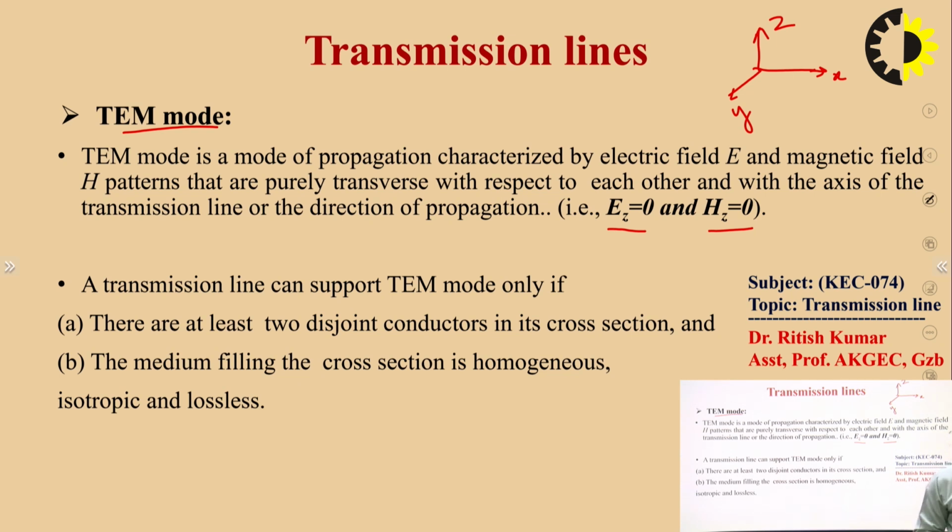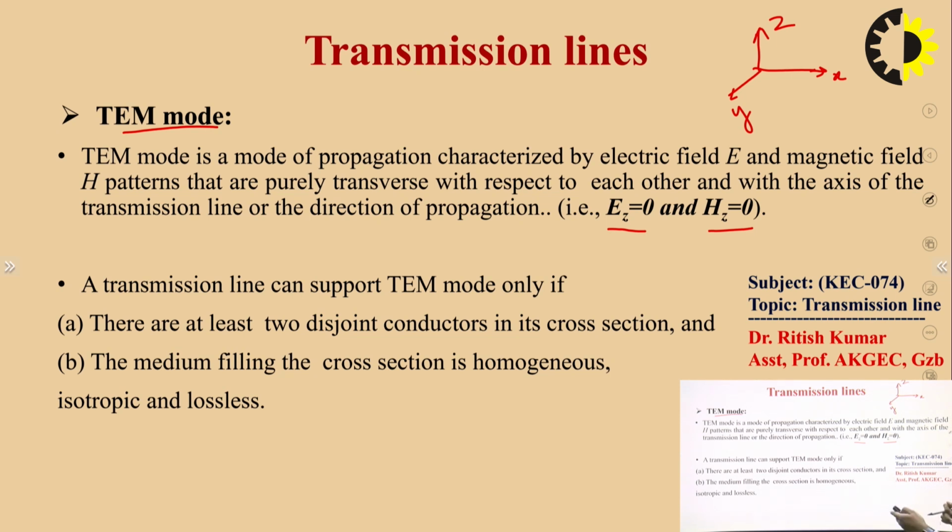What kind of transmission line supports the TEM mode? There should be two conditions. The first one, there should be at least two disjoint conductors, and the second condition, the medium filling the cross section is homogeneous, isotropic, and lossless.